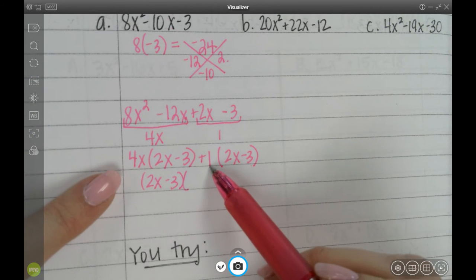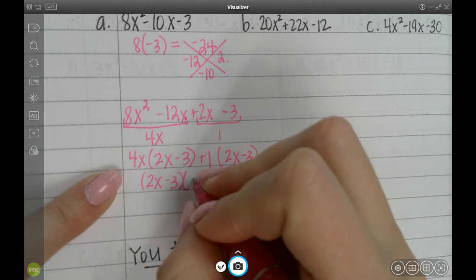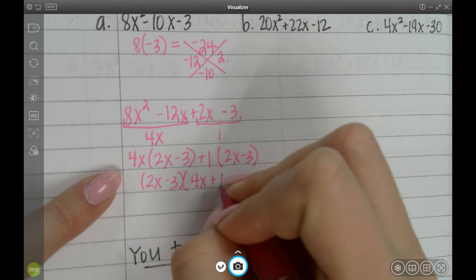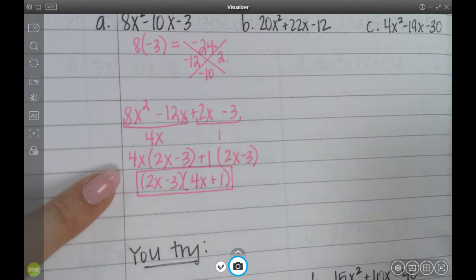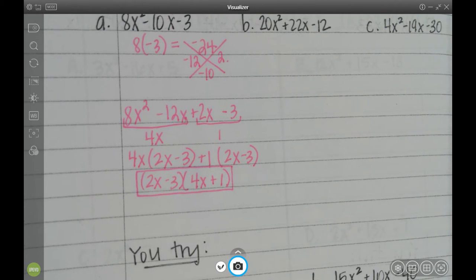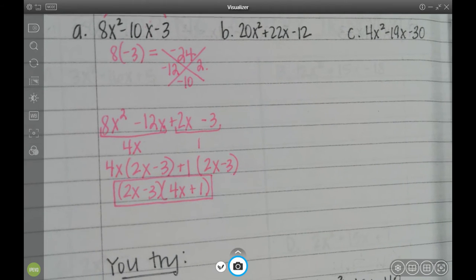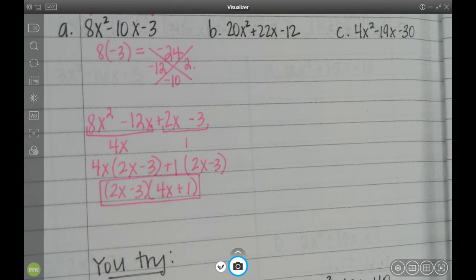My second factor is going to be those GCFs, so 4x plus 1. So if you hated guess and check, here's an alternate method.